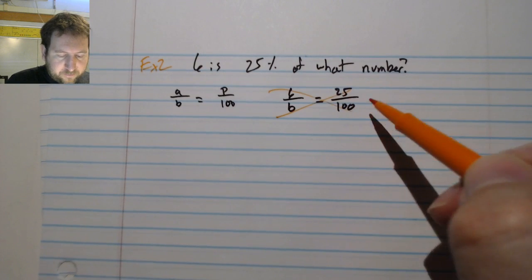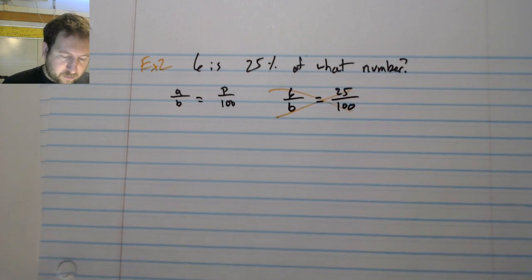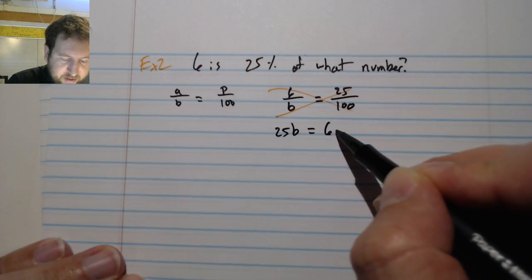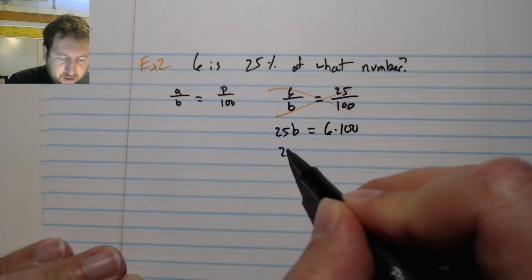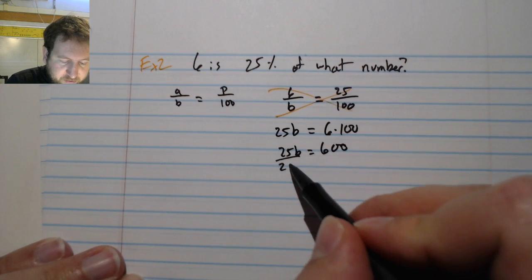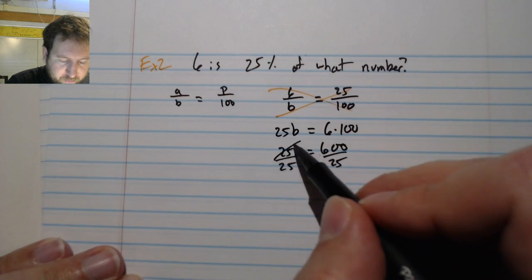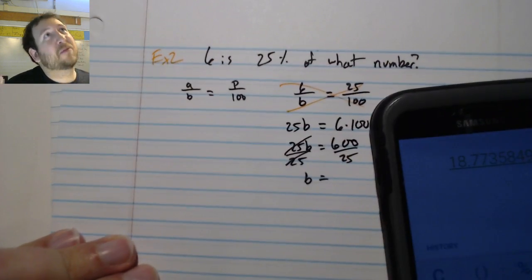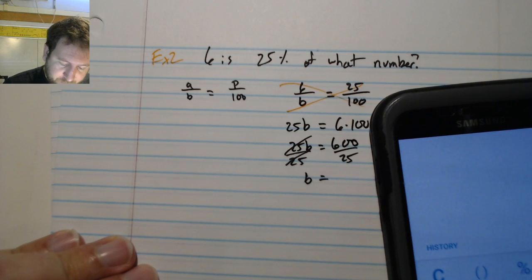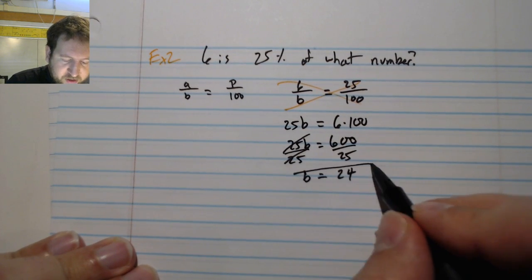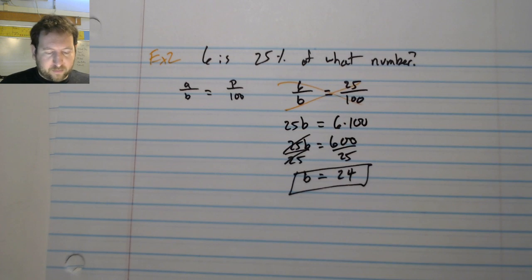Cross multiply. I have 25B equals 6 times 100. 25B equals 600. Divide both sides by 25. And I have B equals 600 over 25. That's probably 24, but let's see if I'm right. 600 divided by 25 is 24. So my original base was 24.